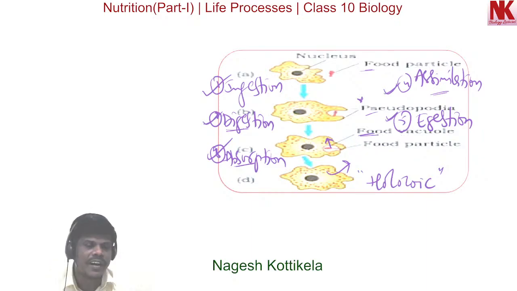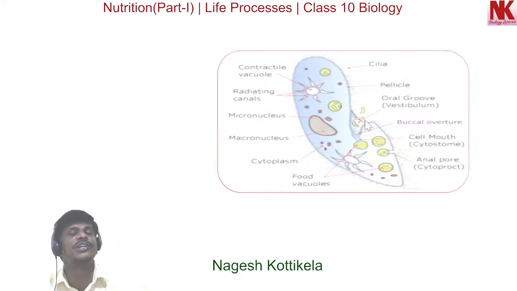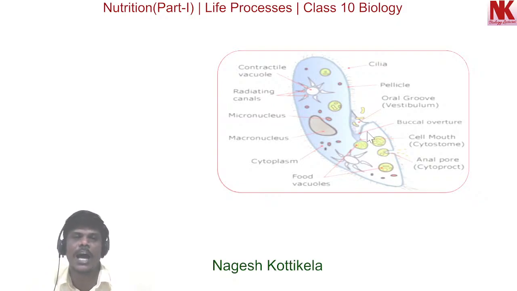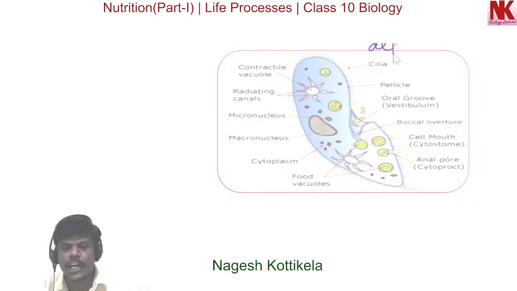A similar mode of nutrition is found in Paramecium, the holozoic mode of nutrition. The steps are the same as we discussed: ingestion, digestion, absorption, assimilation, egestion. All the 5 steps are seen here also. But one difference is that Paramecium is a unicellular organism with a definite shape.